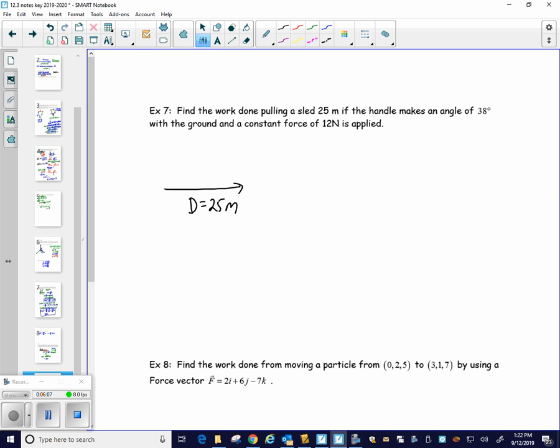And there's some kind of force being applied on it. You're pulling the sled, you probably have a handle or a string, and that makes an angle of 30 degrees with the ground. So my force is given as 12 newtons.